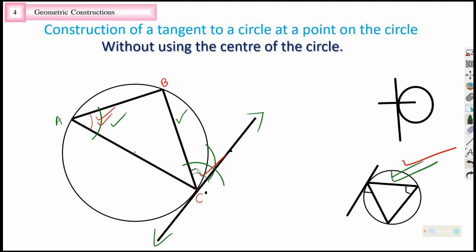This angle and this angle I copied. I have not used the center for any purpose. Without using the center, I could draw a tangent at a point, in this case C, on the circle. Understood, my dear students? This is a construction.